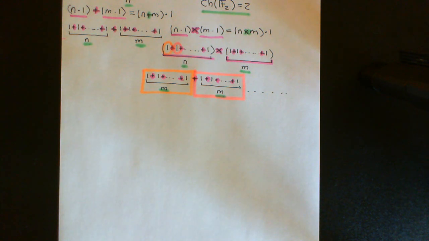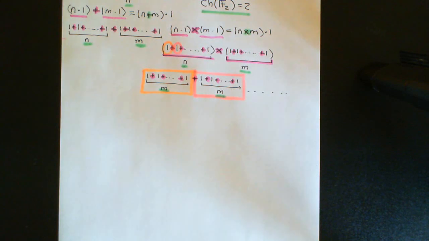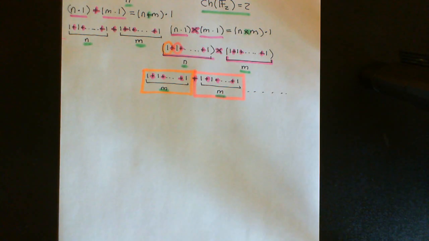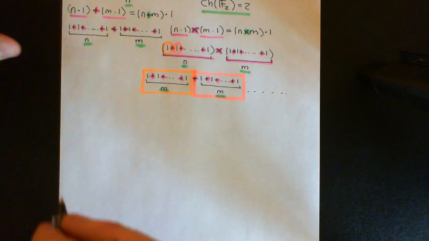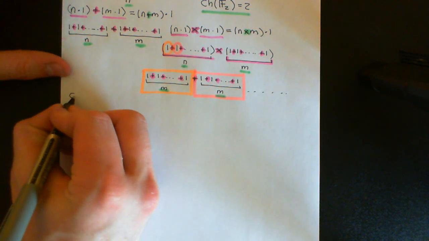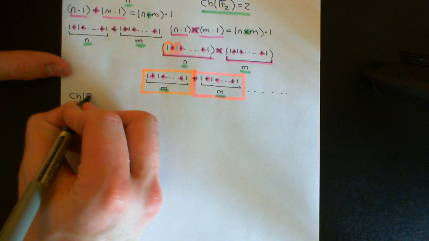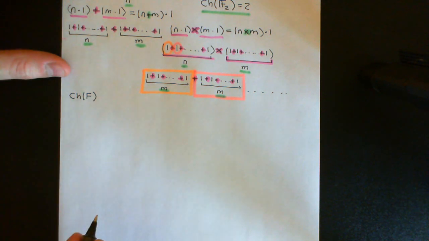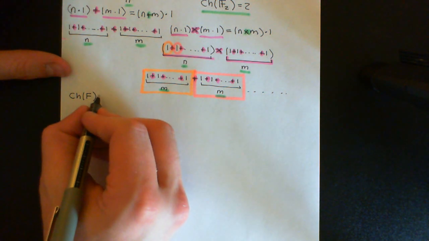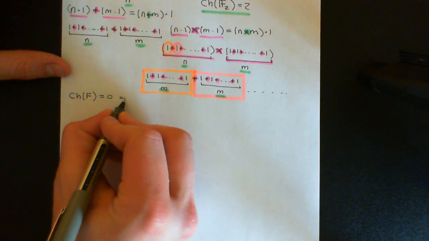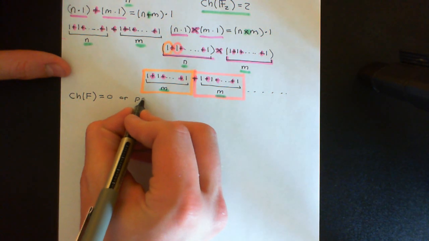Okay, right. So there is another nice fact that comes from using this notation. So now the important theorem. The important theorem then is that the characteristic of a field can only take on certain numbers. It can either be equal to 0 or it can be a prime number.